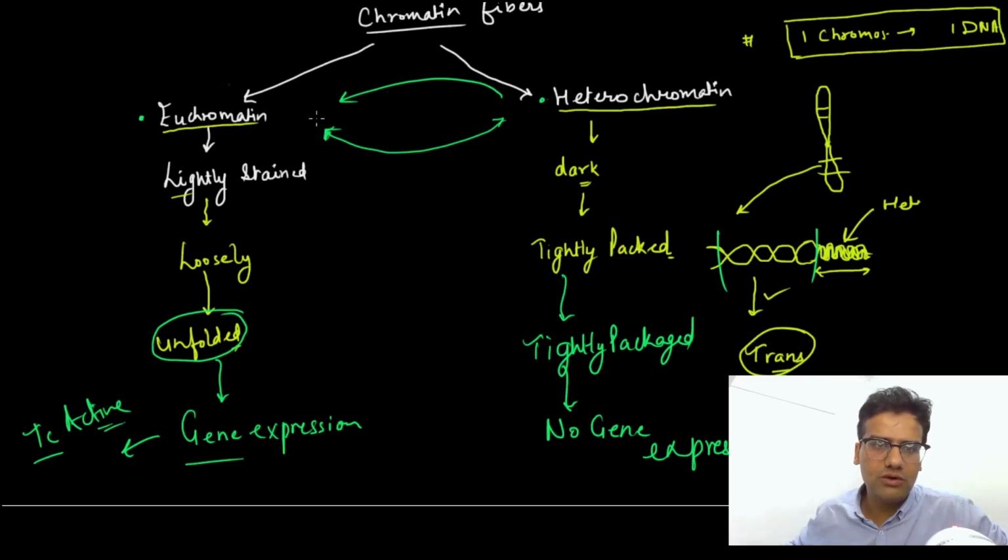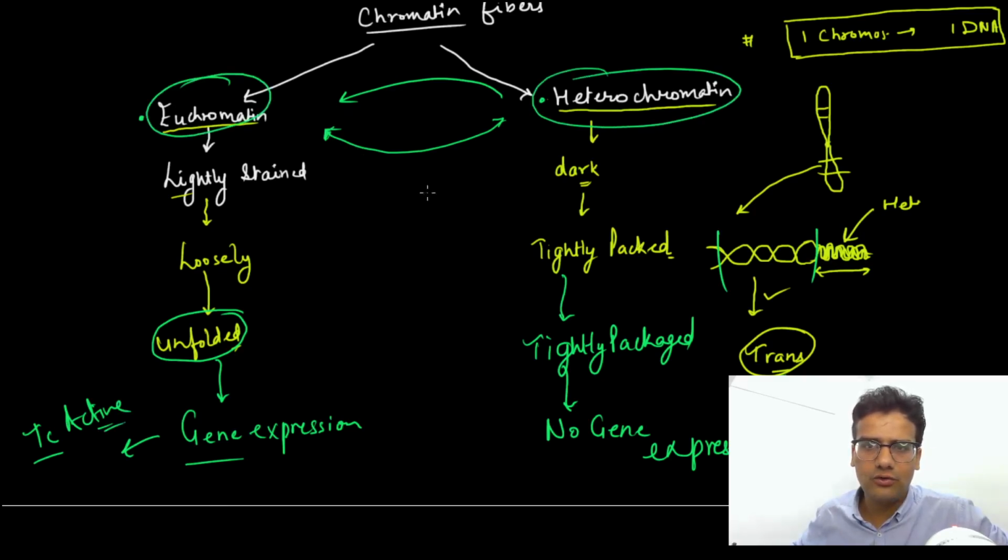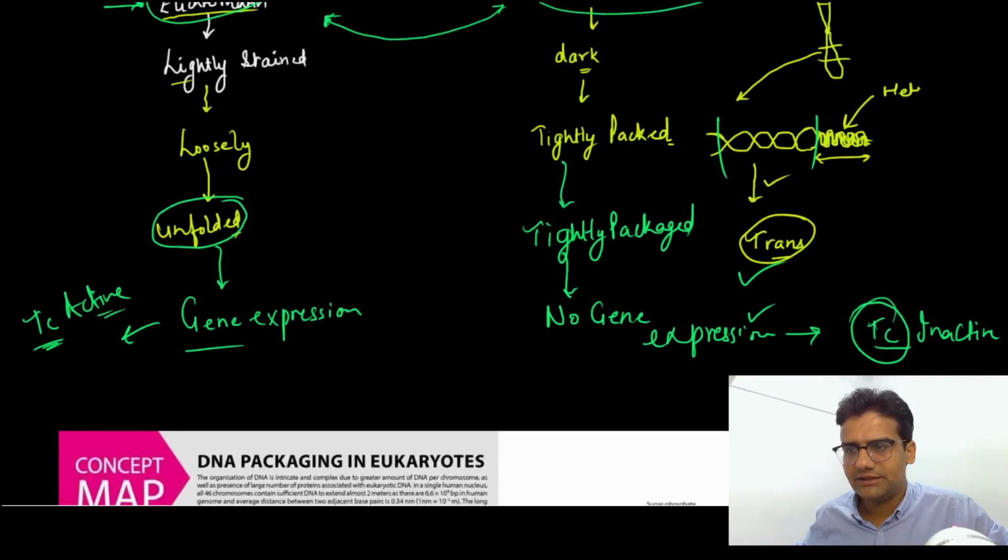Euchromatin is the part which is transcriptionally active, and heterochromatin is the part which is transcriptionally inactive. These parts are interconvertible into each other, and this is the solenoid model.